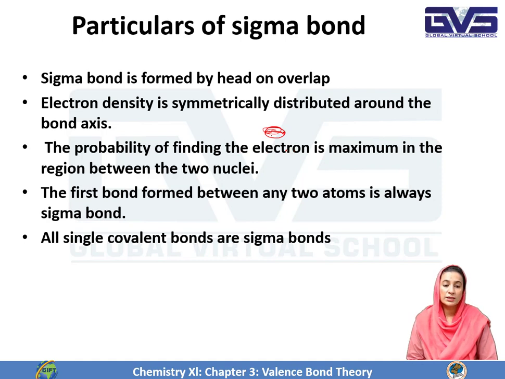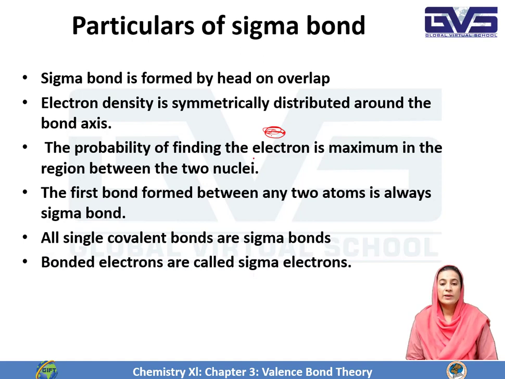These are single covalent bonds, and they are sigma bonds. The bonded electrons are called sigma electrons: the electrons shared between two atoms that form a sigma bond.